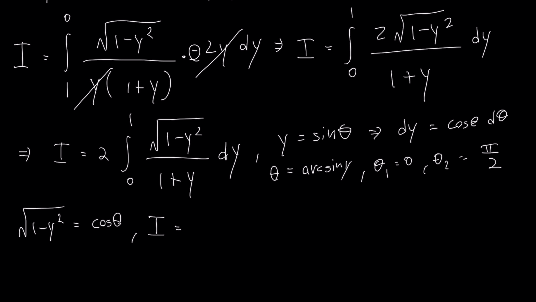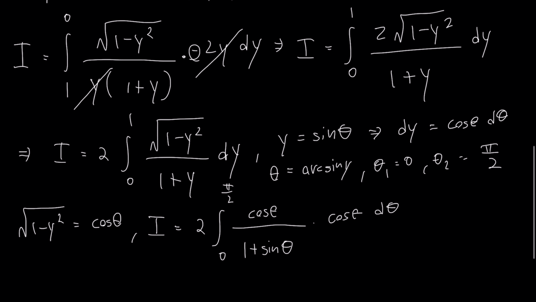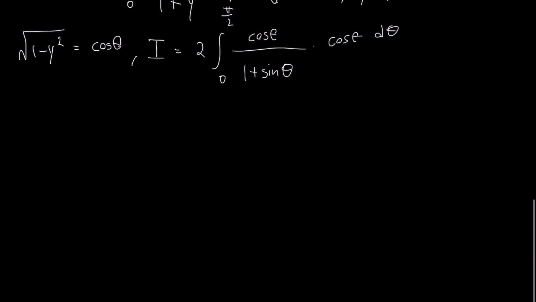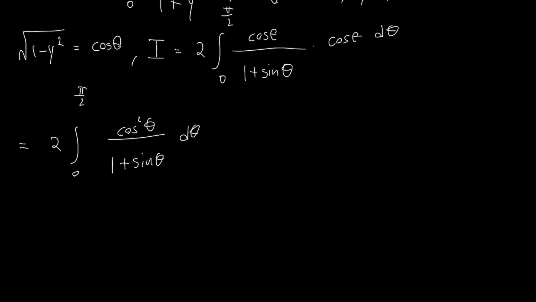So our integral transforms into twice the integral from 0 to pi over 2 of cosine theta divided by 1 plus the sine of theta, and dy is cosine theta d theta, which means this is twice the integral from 0 to pi over 2 of cosine squared theta divided by 1 plus the sine of theta, d theta.